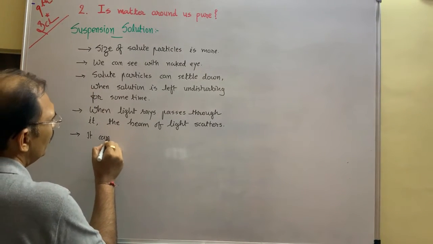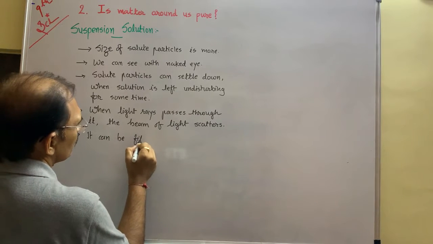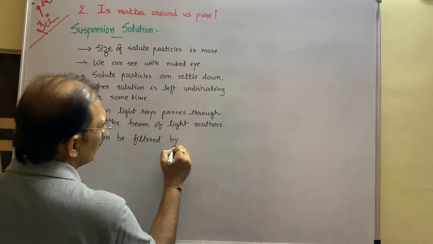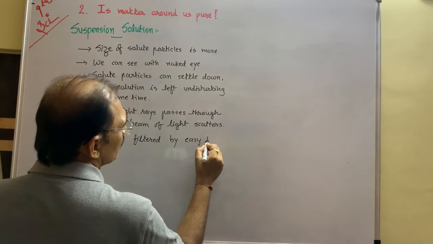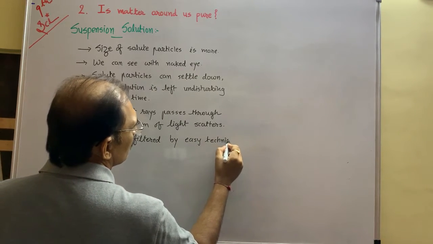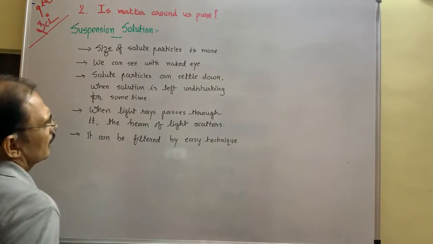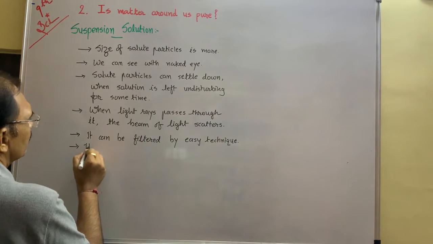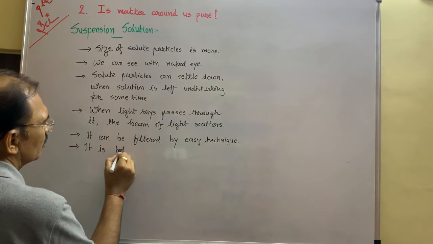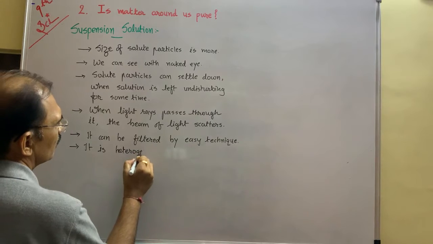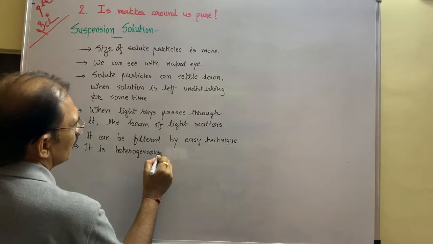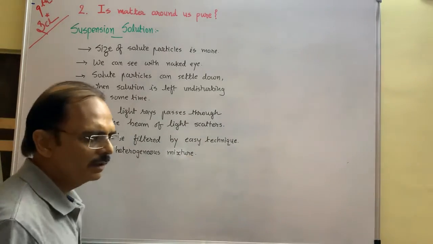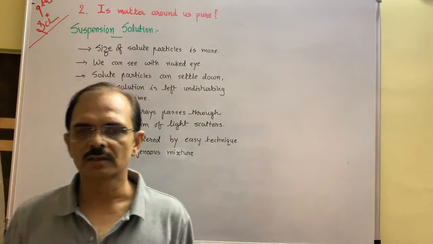It can be filtered by an easy technique. Right? And so from all of this we can say that it is a heterogeneous mixture. Right? It is a heterogeneous mixture.